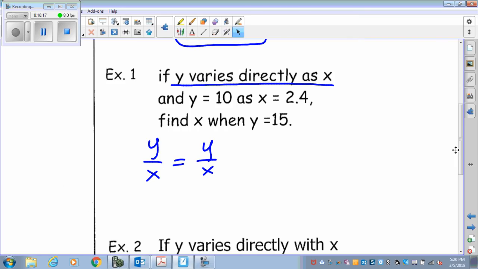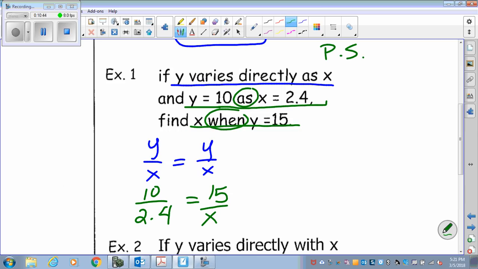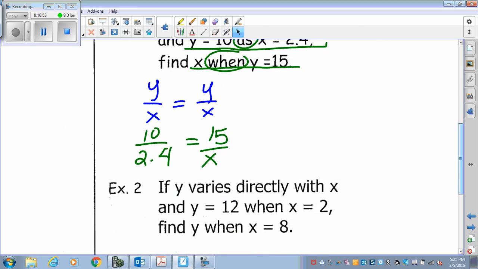And so if y is equal to 10, and here as x equals, this is my connector, so these go together, so I have to have the 10 with the 2.4. All right, and now I've got x when, so x I don't know, so that's going to be x, but y is 15, so I'm substituting. So I write my proportion, and then I solve, and now I'm going to write an equation. You go from your proportion to an equation.